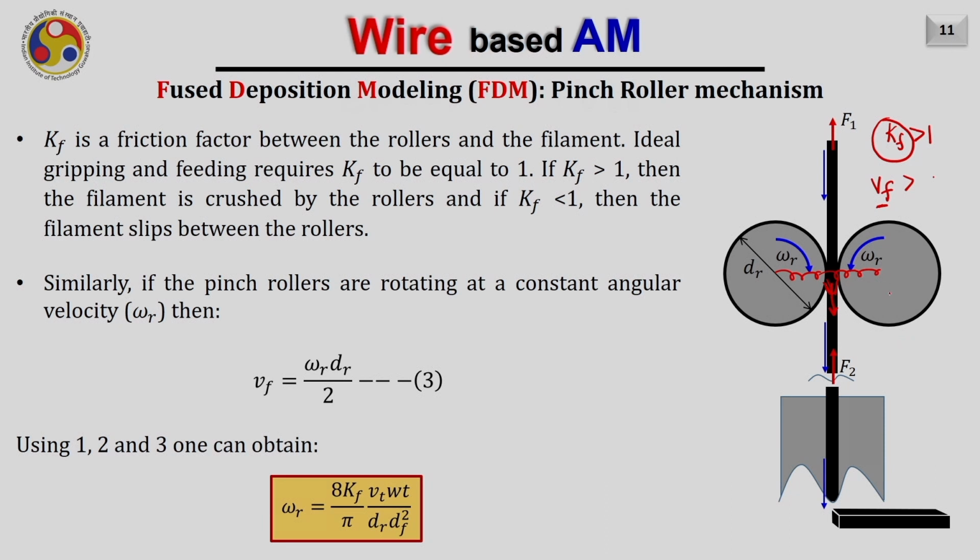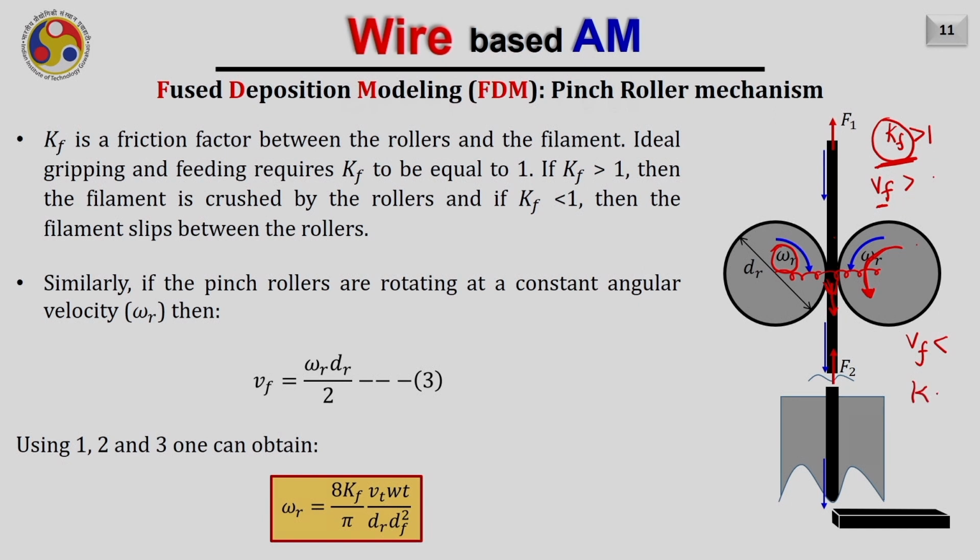Also, if there is a slip, for example, this is the roller, and due to insufficient friction between the wire and the roller, it gets slipped. In that case, you will not get the exact same velocity of the wire which is transferred by the rollers due to their angular velocity. As a result, Vf will be less than the predicted one, and this will be accommodated by this friction factor Kf.